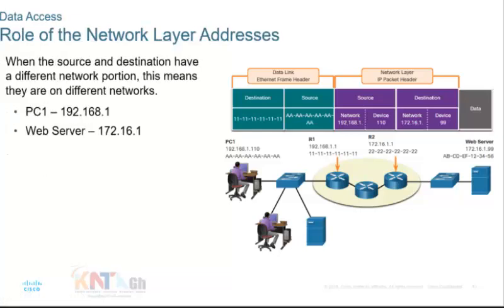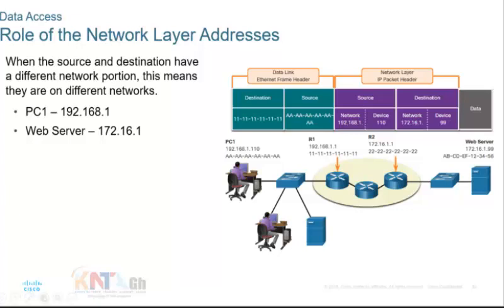Now, when the source and destination have a different network portion, this means that they are on different networks. For example, 192.168.1 and 172.16.1 are different classes of IP addresses. So devices that use this address and devices that use this address are on completely different networks.